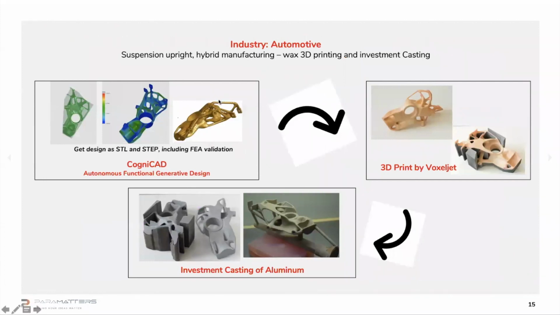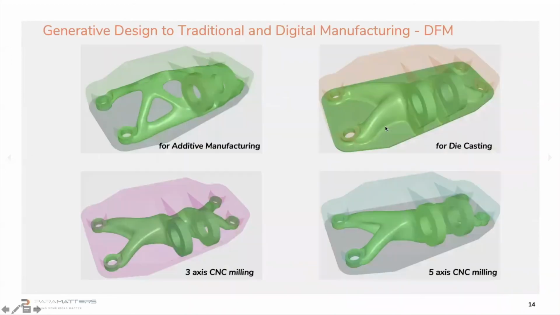Typically you 3D print a sacrificial part from polymer, from which you later create a sand cast mold, melt out the polymer and cast aluminum inside. So these are fundamentally two different casting technologies, and our solution can take both into account: investment casting, which is a kind of hybrid manufacturing, and also die casting.